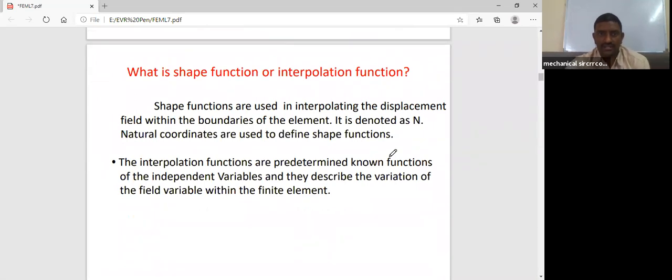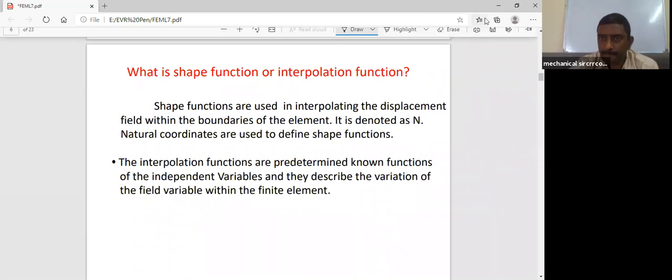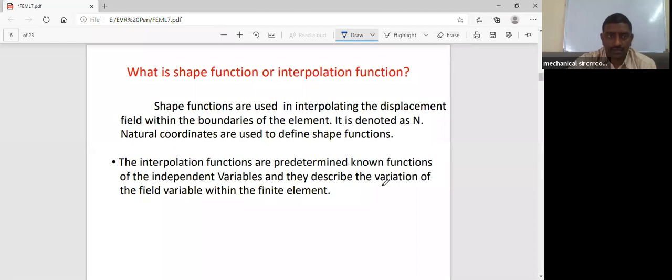So next, what is a shape function or interpolation function? Actually, shape functions are used for interpolating the displacement field within the boundaries of the element.